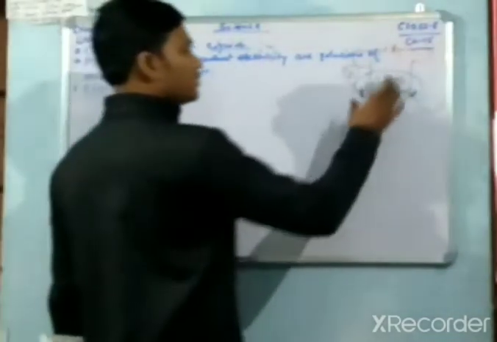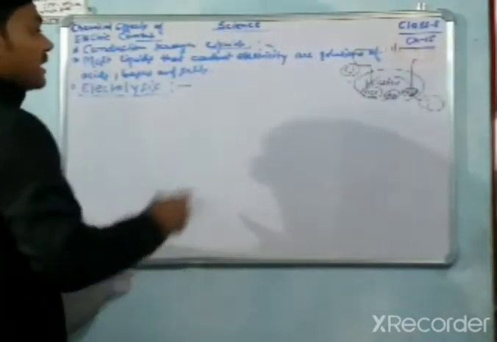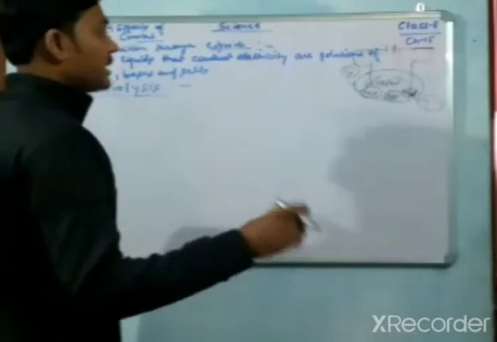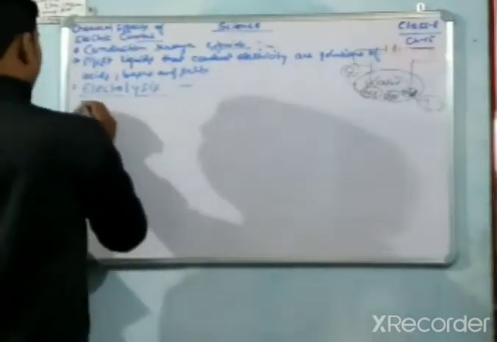The H2O decomposes into hydrogen and oxygen by this process, and this process is called electrolysis, the breaking down by charged ions. Let's see, I'm just telling you the definition.